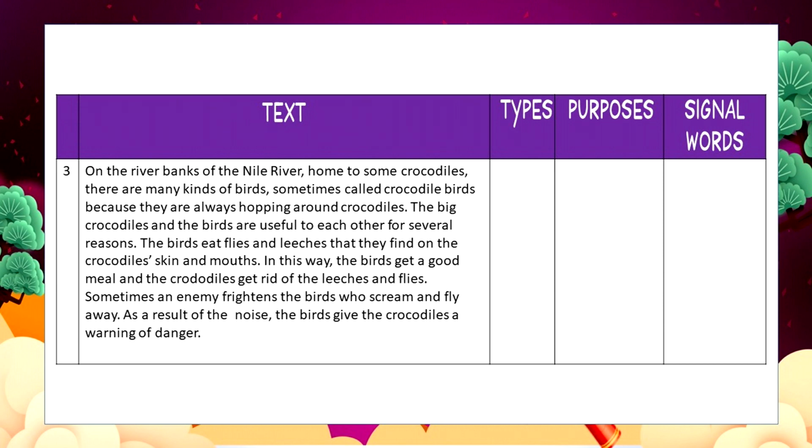The birds eat flies and leeches that they find on the crocodile's skin and mouths. In this way, the birds get a food meal and the crocodiles get rid of the leeches and flies. Sometimes an enemy frightens the birds, who scream and fly away. As a result of the noise, the birds give the crocodiles a warning of danger.